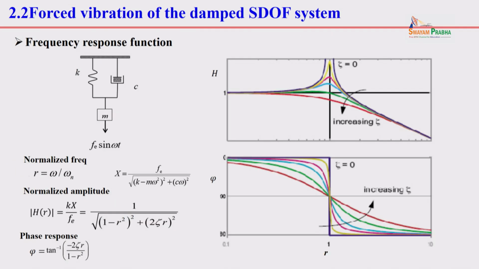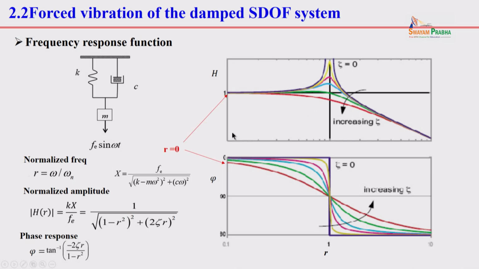This figure shows amplitude, right? And you understand resonance, right? If vibration is at or around the natural frequency, the amplitude is very, very large. In this figure you also get a sense that when we increase the damping, the amplitude becomes smaller and smaller. This is resonance.